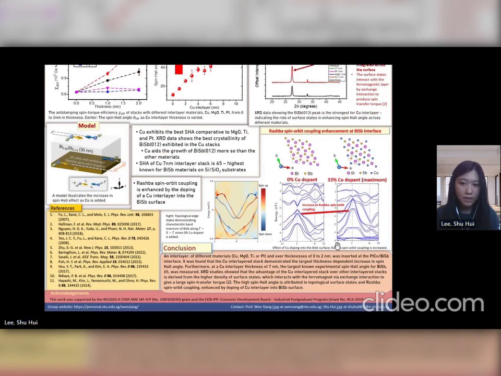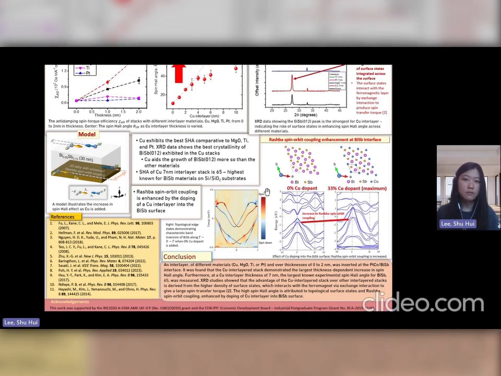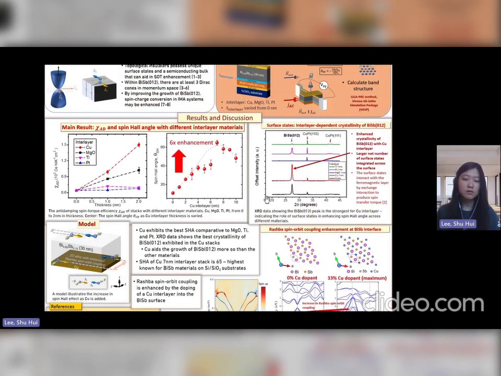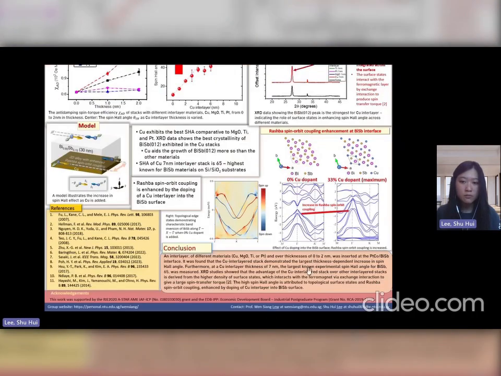Additionally, there is some doping that enhances the Rashba spin orbit coupling, and this resulted in an enhancement in the spin Hall effect. These two major reasons cause the effect that we measure. We also measure the largest known experimental spin Hall angle for bismuth antimony grown on silicon substrates, a spin Hall angle of 65.